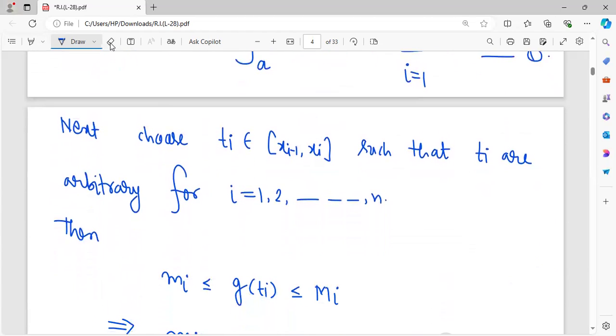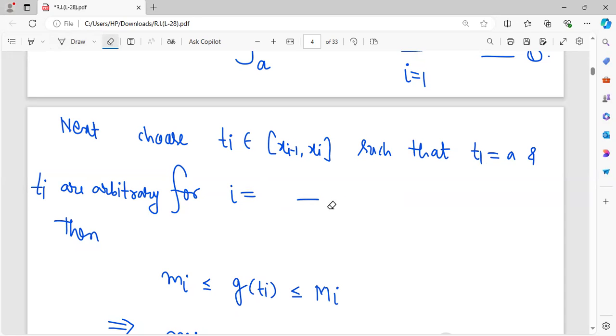So I should write there: such that t1 is a and ti are arbitrary for i going from 2 to n.